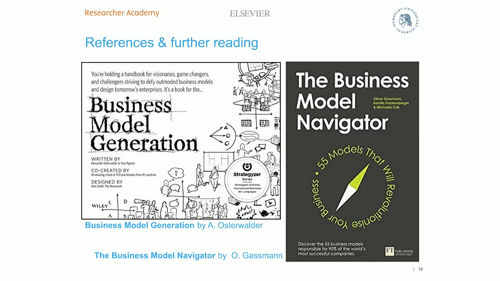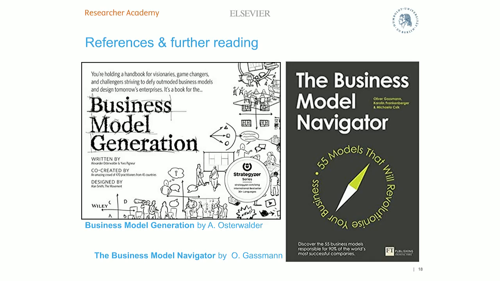Alex has created an online company as well, Strategyzer, and there you will find various tools, not just the business model canvas, but also different other methods and tools which are very useful in order to develop a business and create business models.